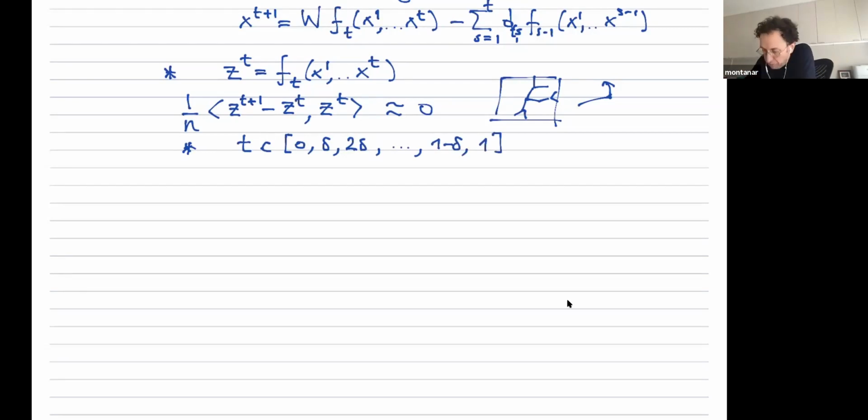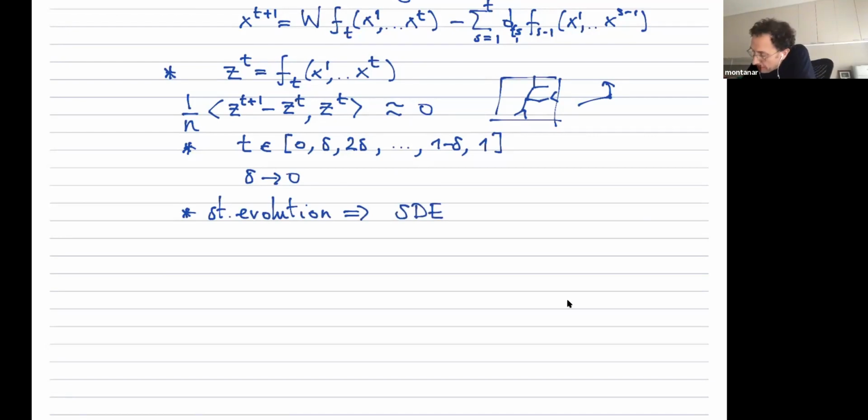Delta depends on my approximation ratio that I want to achieve eventually. And then I'll take delta going to 0, and I'll describe a precise analysis of this algorithm in the limit delta to 0. The analysis, the state evolution, gives rise in this limit to a stochastic differential equation.